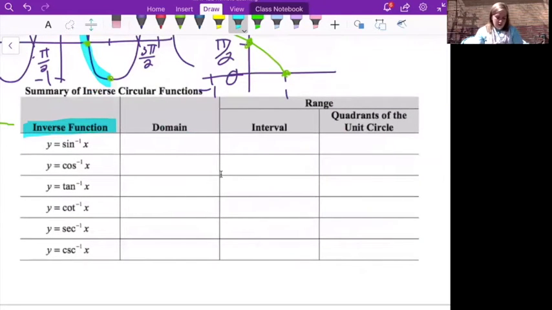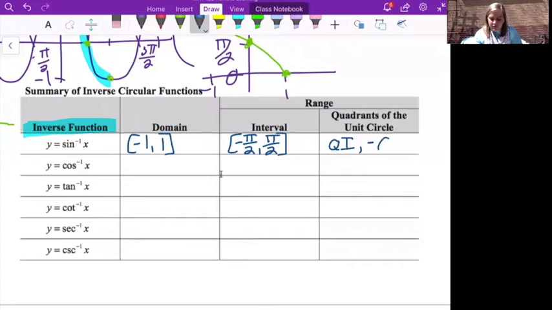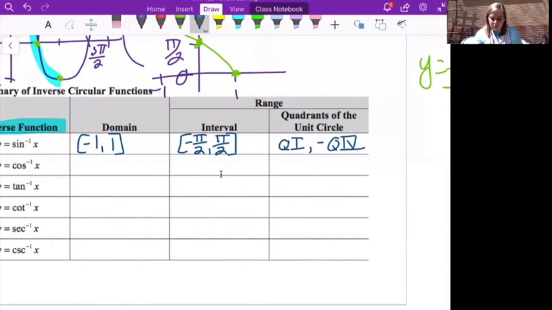The domain for sine inverse is going to be negative 1 to 1. So we can only take sine inverse if it's between negative 1 and 1. And the interval that it's going to give us is between negative pi over 2 and pi over 2. And so this is in quadrant 1, and then it's the negative of quadrant 4. Or one way of thinking about that is it's the same thing as quadrant 1, but negative.